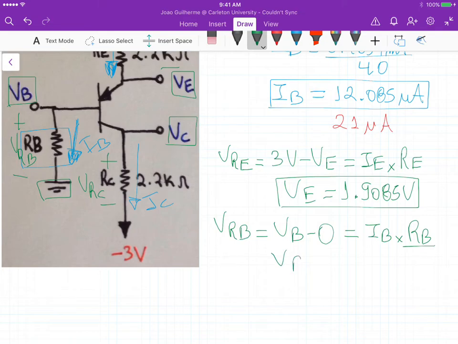So in this case, VB is equal to 1.2085 volts. And for, let me just duplicate this one here.